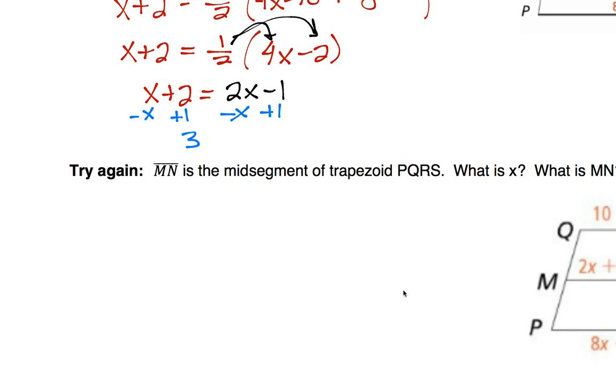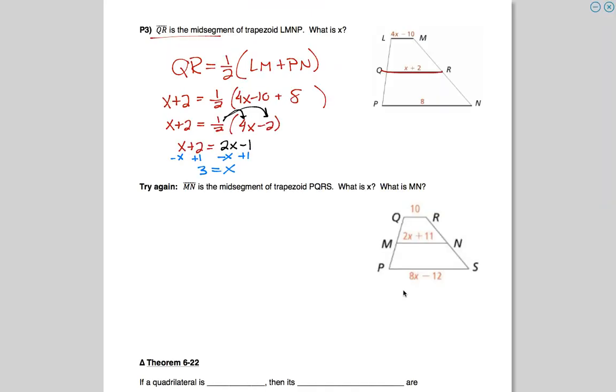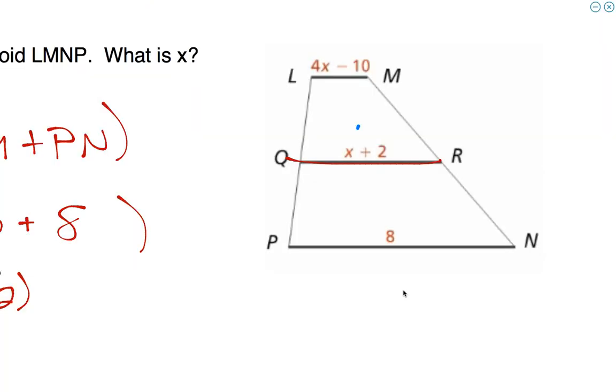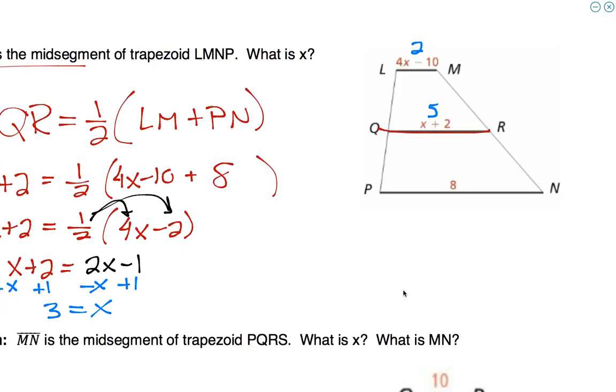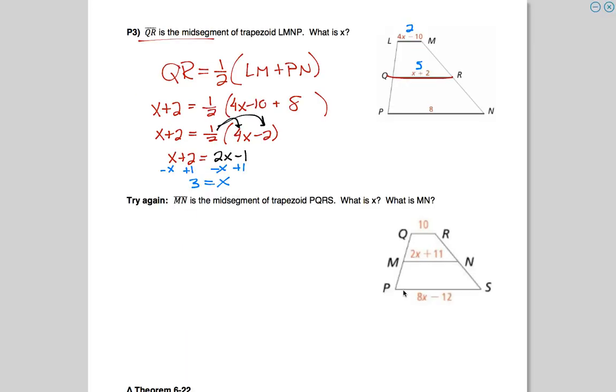That's going to give you 3 equals x. So it only asks us what x was. X is 3. But if we wanted to, that means this is 5. This is 12 minus 10, which is 2. So 5 is 1/2 of 8 plus 2, which is 10. Good.